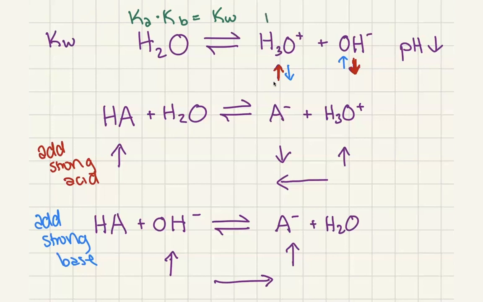We could also take the P versions of these and say pKa plus pKb equals the pKw, which is equal to 14. This way, we can find the pKb if we know the pKa, and vice versa. And those all have to sum up to 14.